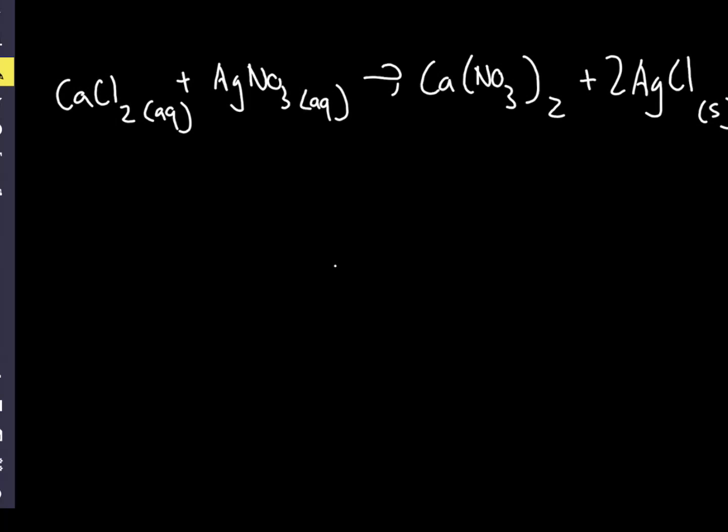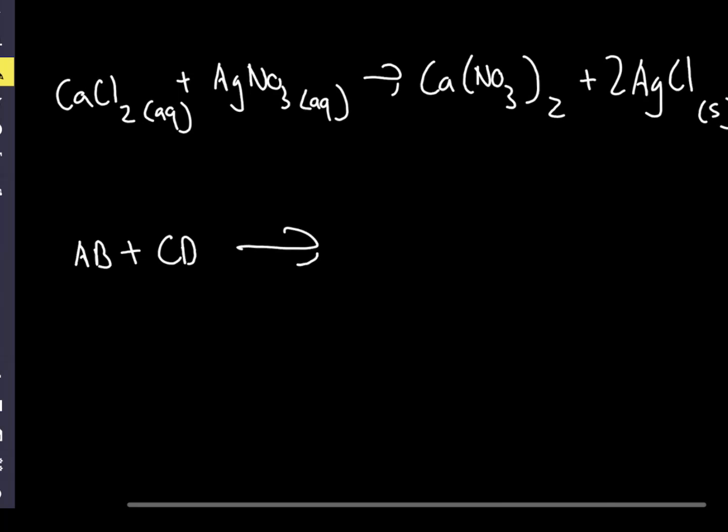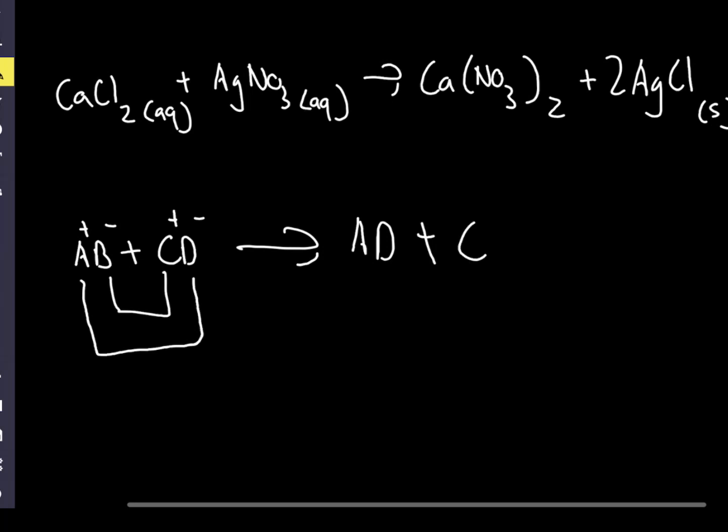Example of a double replacement reaction where you have these two parts, let's call them A, B, plus these two parts, let's call them C, D. This will be a positive ion, this negative, positive, negative. These two parts will group together, and these two parts will group together. You have to write it like CB because the cations always go first when you're writing these types of equations.